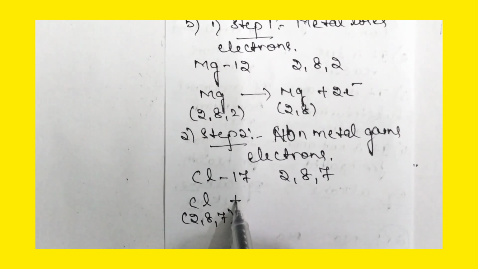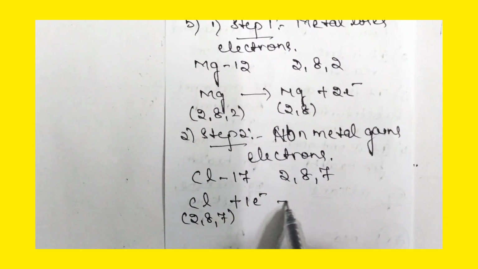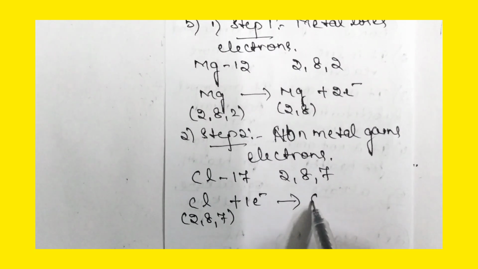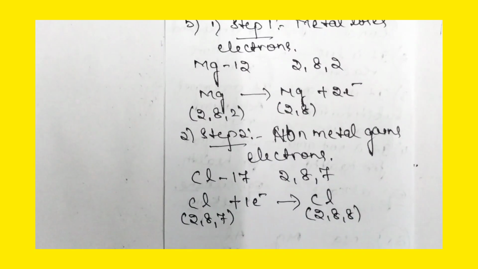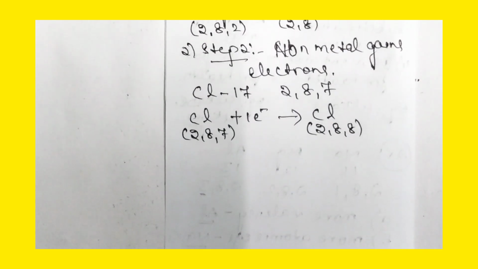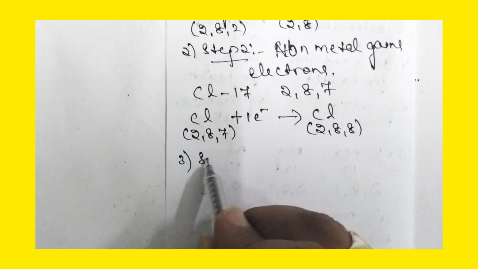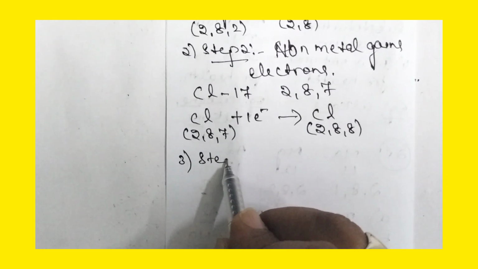By gaining 1 electron, chlorine atom will become chloride ion. So it will become 2, 8, 8. Look, it was 7, and by gaining 1 electron it will become 2, 8, 8, and this is the second step that we have to follow during the formation of ionic compound.